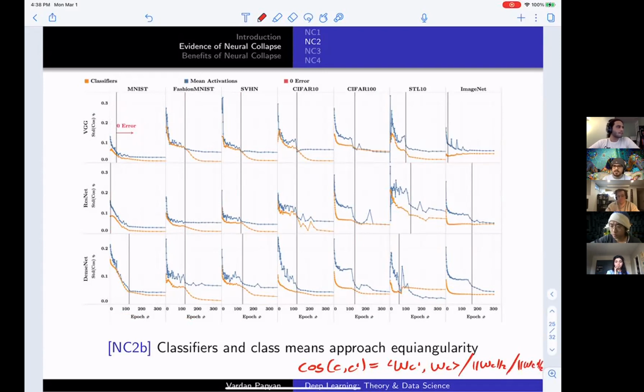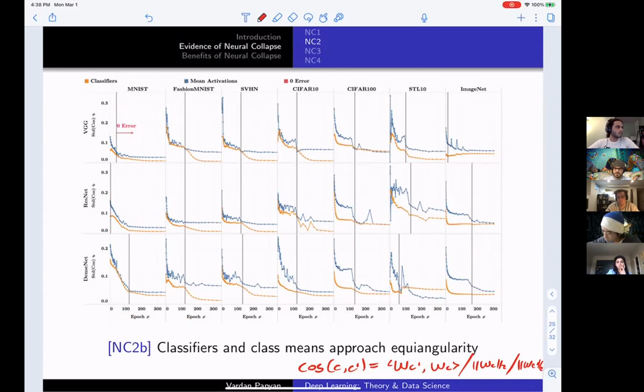So this is just the inner product after you normalize the vectors to unit norm, and this cosine is a number that measures the angle between the two vectors.